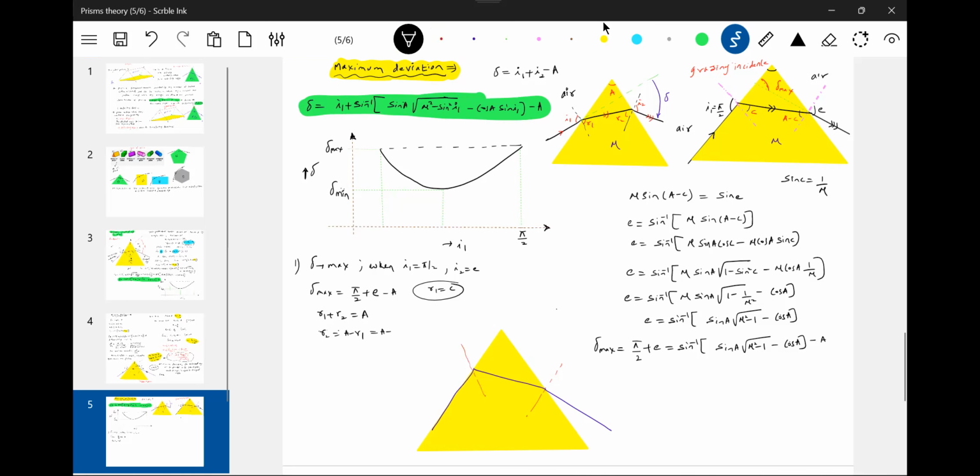No, this will become the angle of incidence, no? Let it be as it is, the symbol. So this will be 90 degrees. Critical angle, A minus C, this angle. I'll give this as the incident ray.